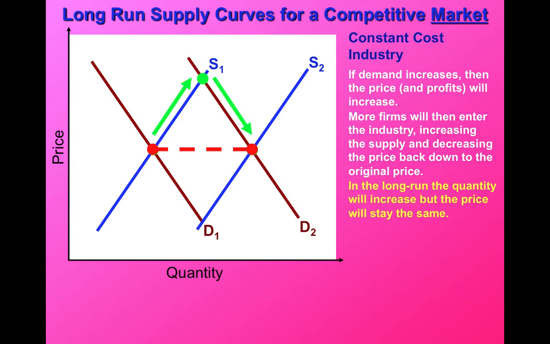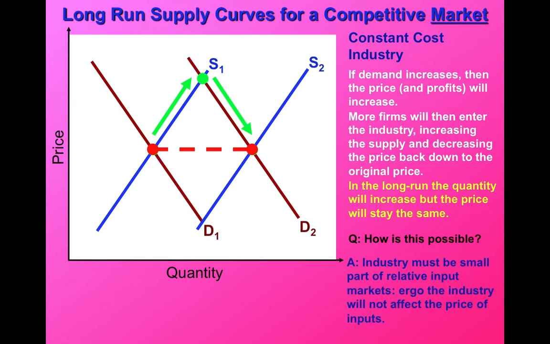And quite frankly, how far supply goes up depends on what's going to happen to the costs of production in this industry. In this industry, nothing's going to happen to the costs of production. That's the bottom line. Nothing's going to happen to their costs, and so supply will go up until the price reaches the exact same point that it was at in the previous long-run equilibrium, because there'd be no reason for the price to be any different.